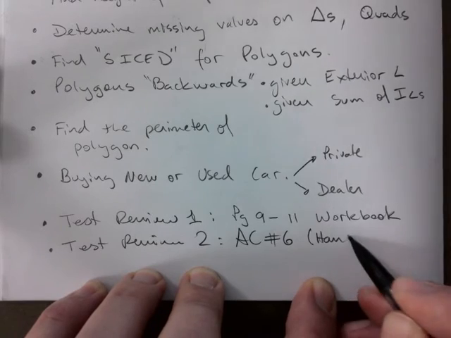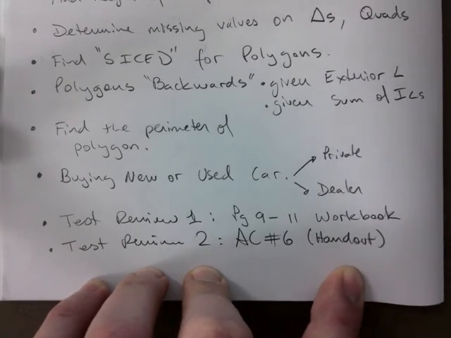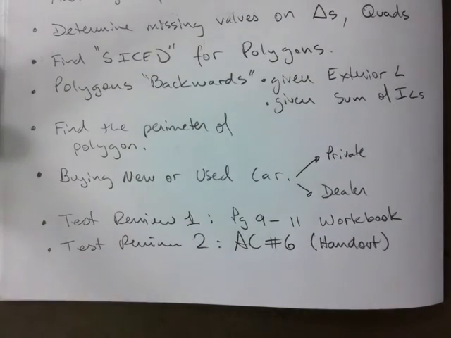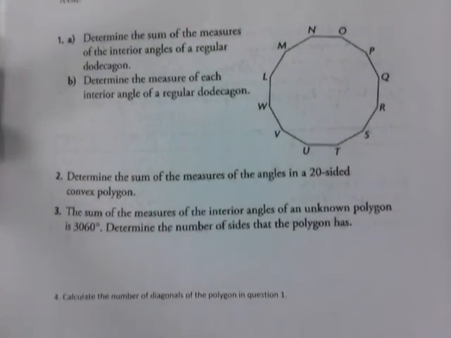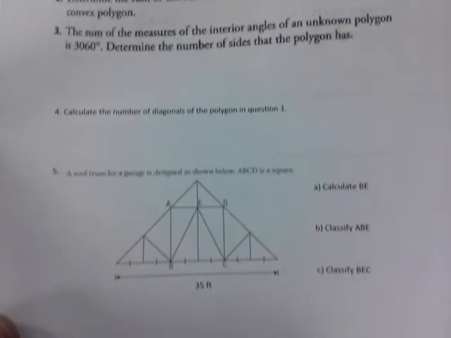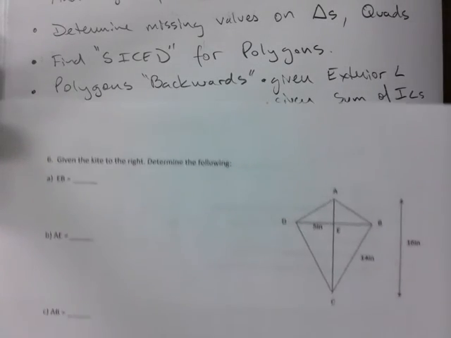Handout. And just for folks that watch the video later and maybe don't have the handout, you can pause it, right? And do the questions on your own. Oh, there's a kite and I'm breaking it down. Okay.